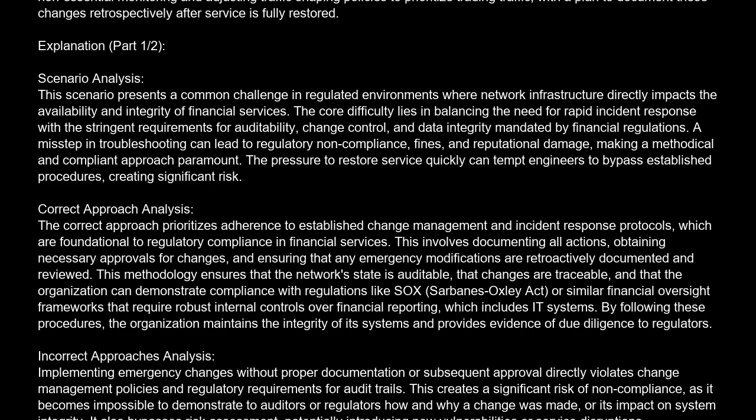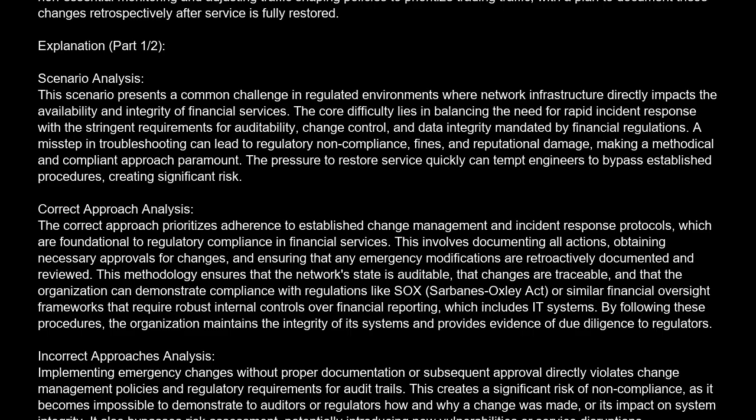This methodology ensures that the network state is auditable, that changes are traceable, and that the organization can demonstrate compliance with regulations like SOX, Sarbanes-Oxley Act, or similar financial oversight frameworks that require robust internal controls over financial reporting, which includes IT systems. By following these procedures, the organization maintains the integrity of its systems and provides evidence of due diligence to regulators.